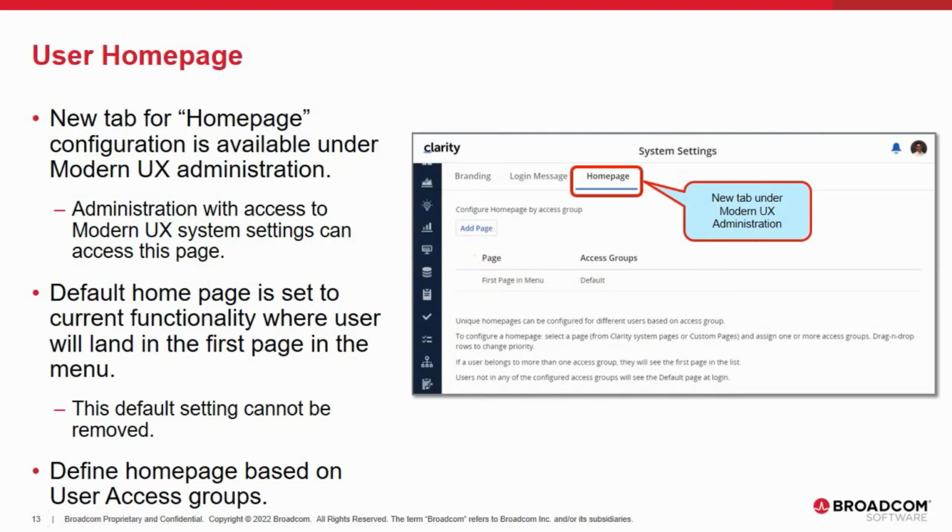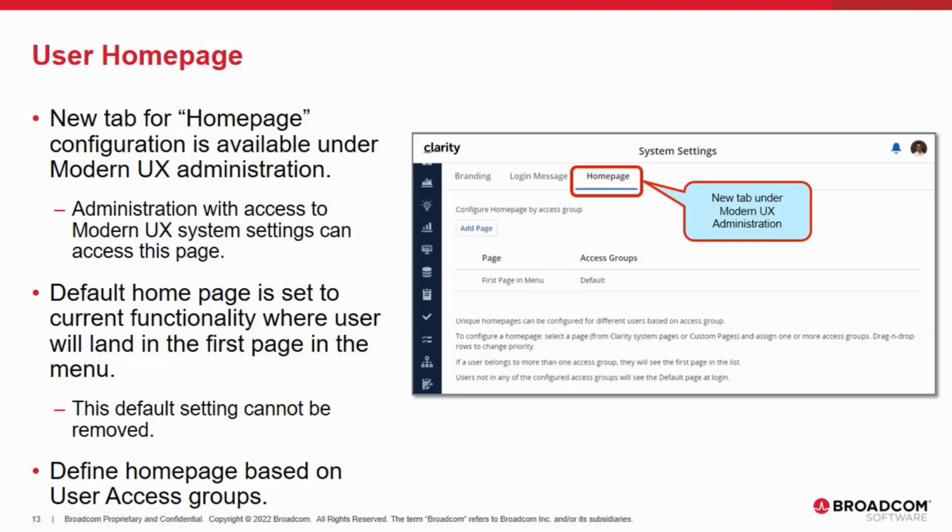By default, when the administrator comes here the very first time, they will see the first page in menu and default access group. This definition cannot be removed, and this will be the default for every user that logs into the Modern UX.